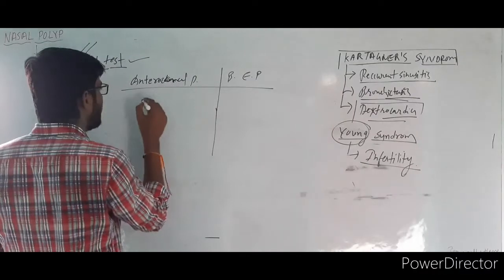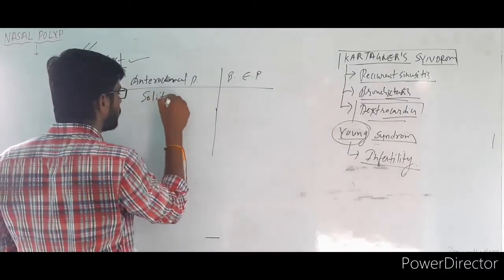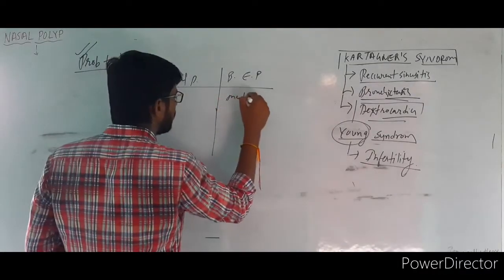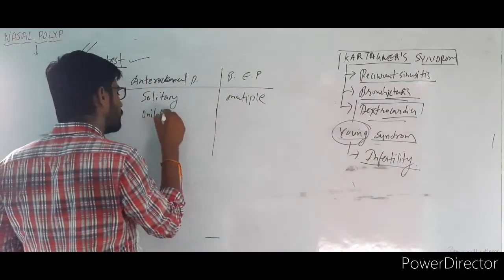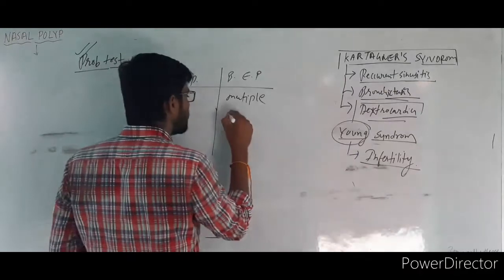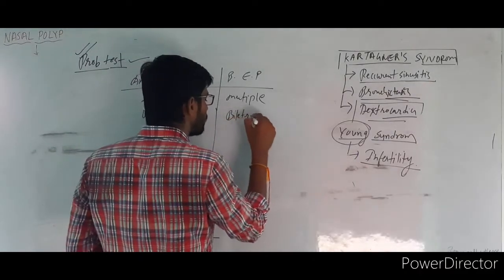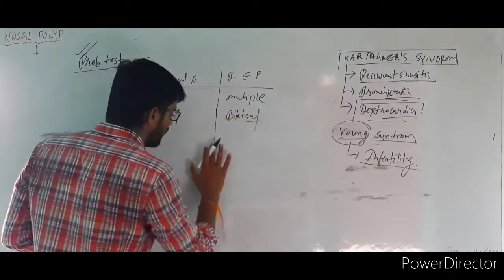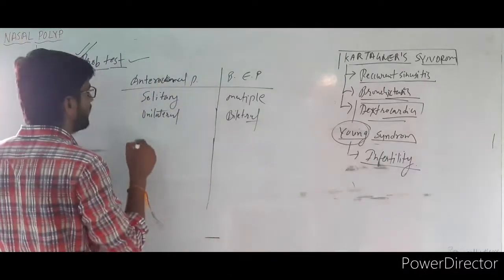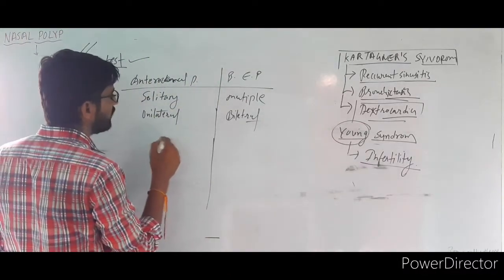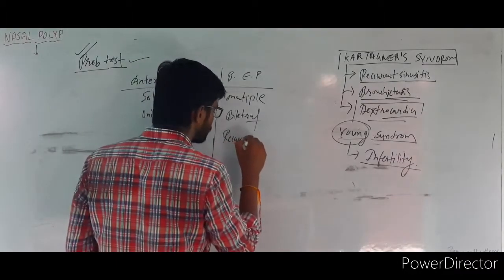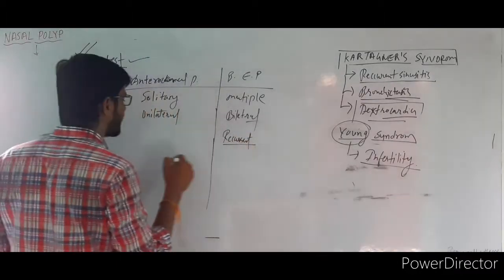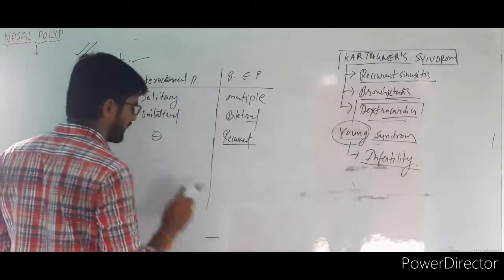One thing, this is solitary, here it is multiple. Second, this is unilateral, and here it is bilateral. This will be recurrent, but here there is no recurrence at the site.